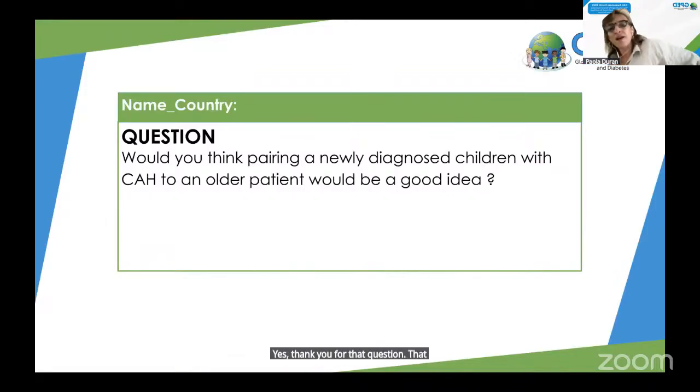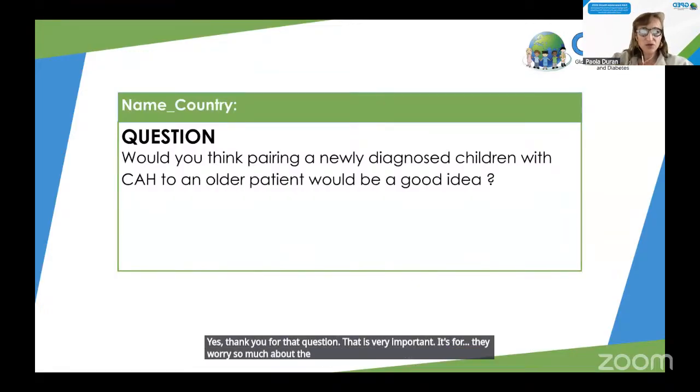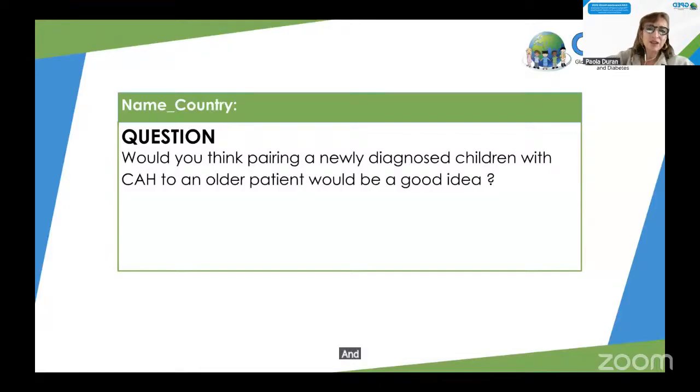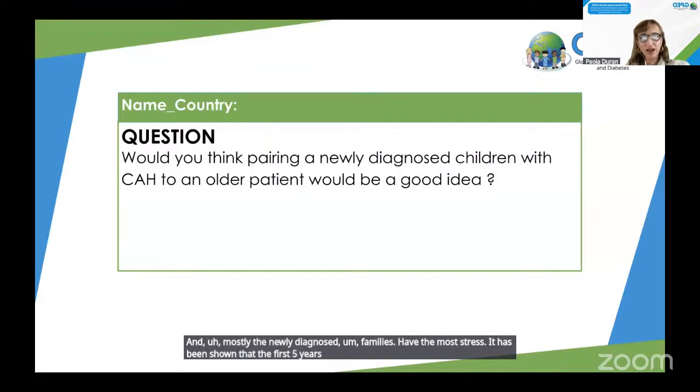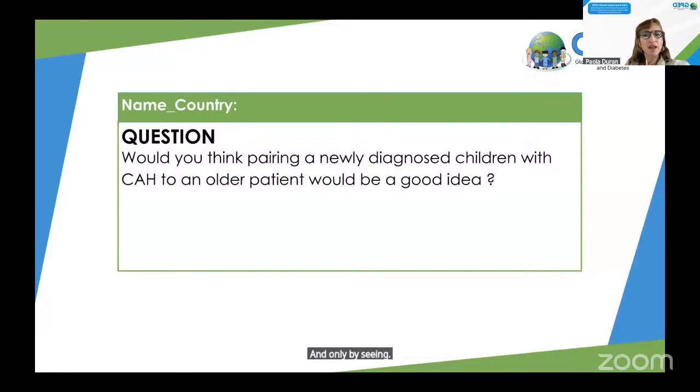That is very important. They worry so much about the future, and mostly the newly diagnosed families have the most stress. It has been shown that the first 5 years after the diagnosis are very stressful. They worry very much. And only by seeing somebody older that is doing well, that is achieving their dreams and goals in life, it is absolutely life-changing for them.